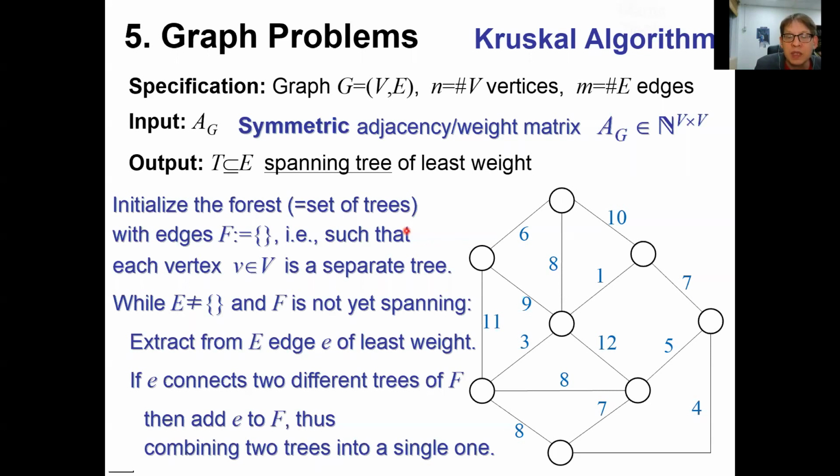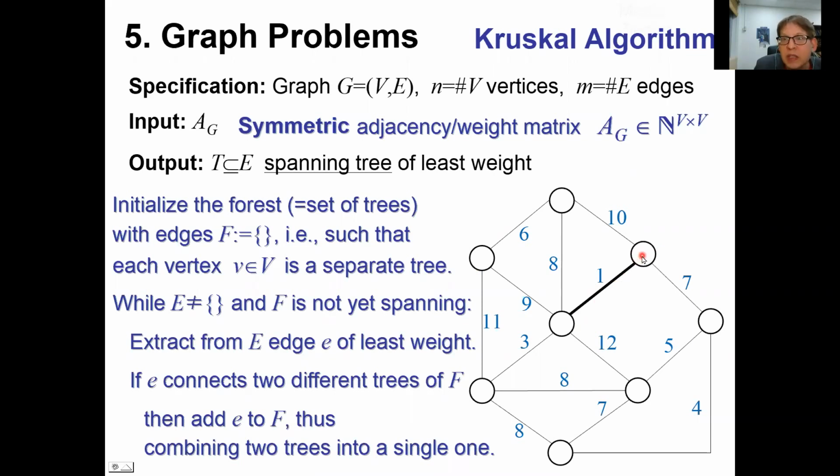And now we choose and merge two of these trivial trees. The two trees that we choose and merge here are the ones that are connected by an edge of least weight. And the edge of least weight here is, of course, the edge here having weight 1. So we connect both of them and thus have created a first non-trivial tree that comprises these two vertices.